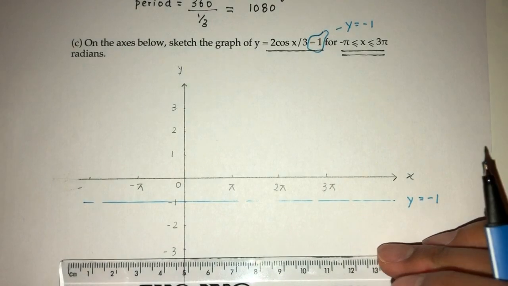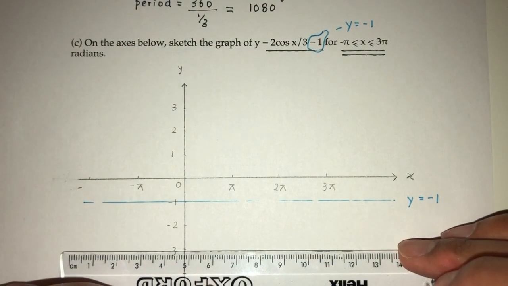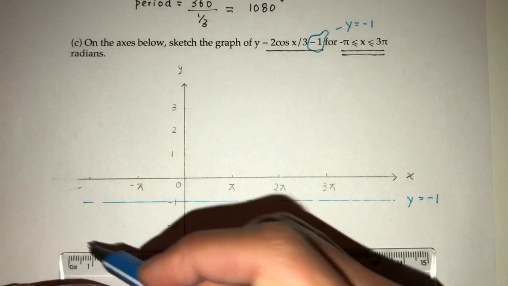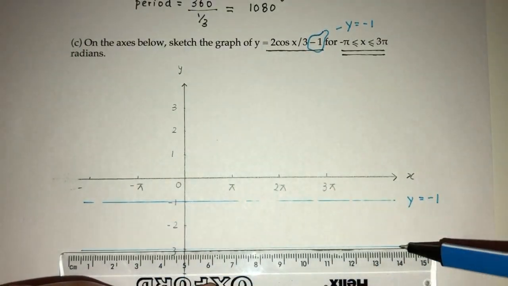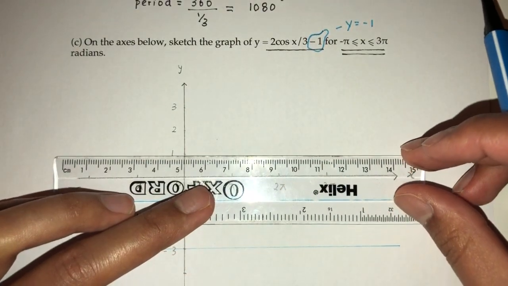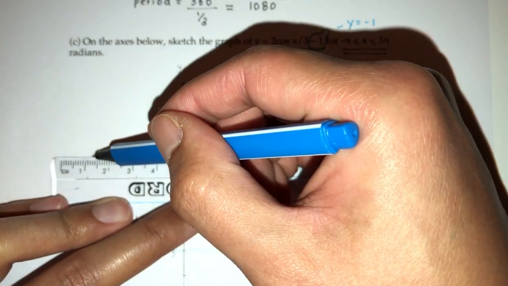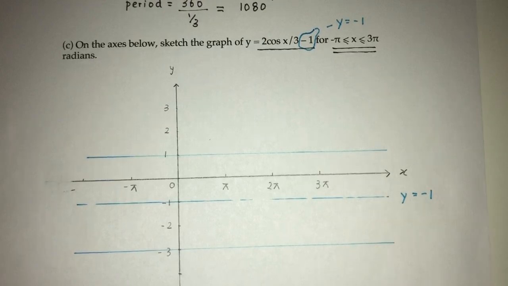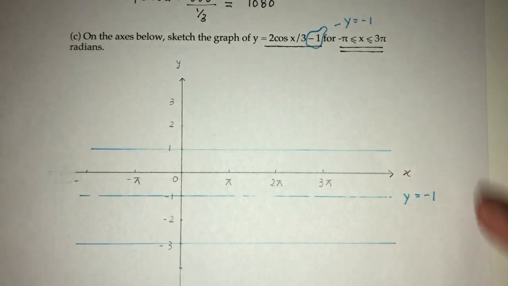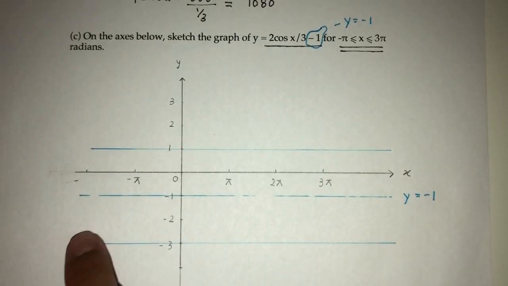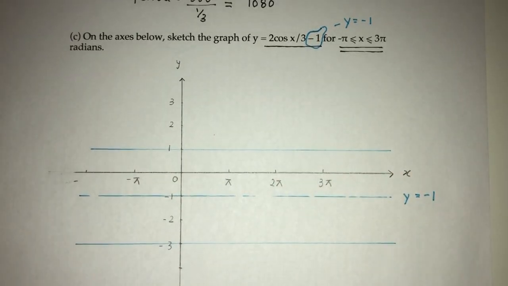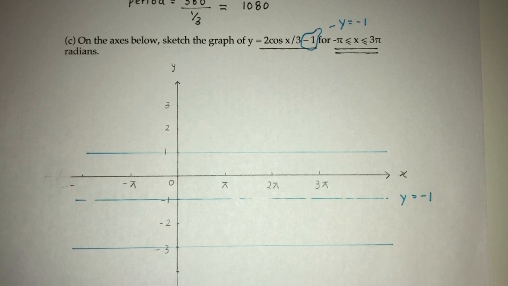So 2 going down will be -3, and 2 going up will be the value of 1. So this is only an indication for you. This is not part of the answer itself. You do this because you want to know where your curve would be. So your curve will be inside of this region. It will not go above or below these two lines.